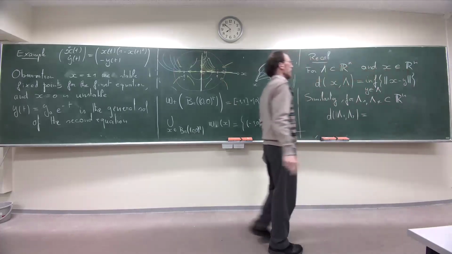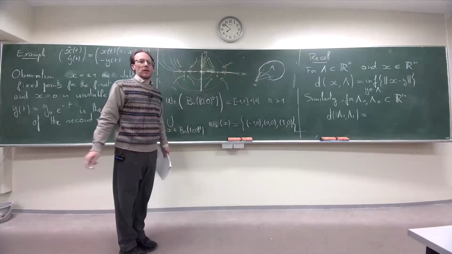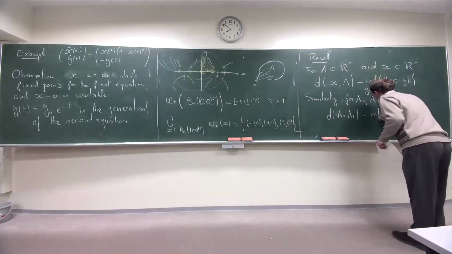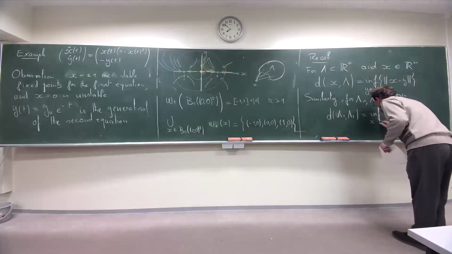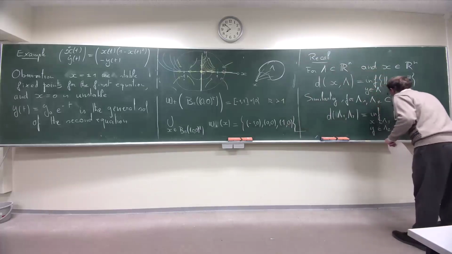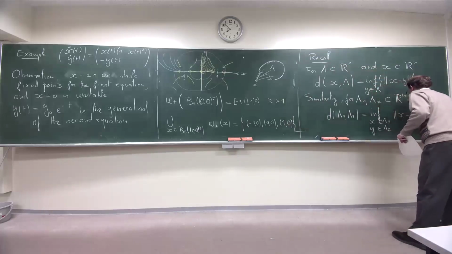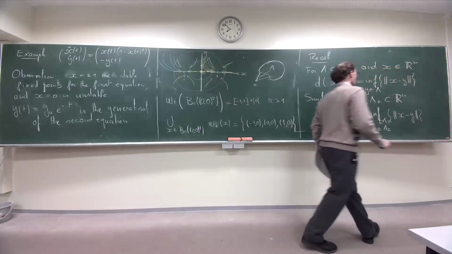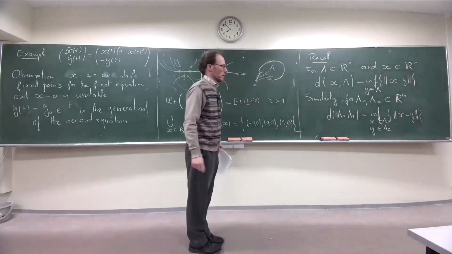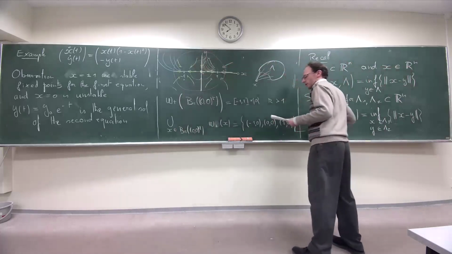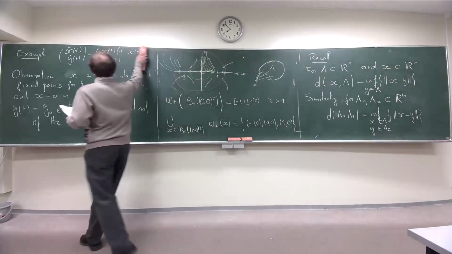You can easily guess now, it's an infimum over two things: over x belonging to lambda 1 and y belonging to lambda 2 of this Euclidean distance between x and y. Okay. And so I need these two concepts of distance.